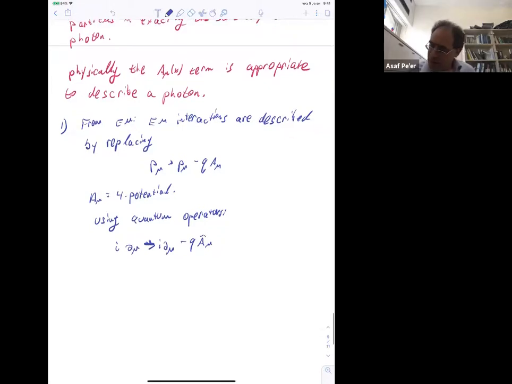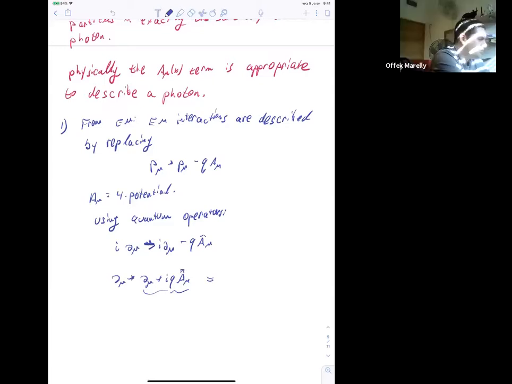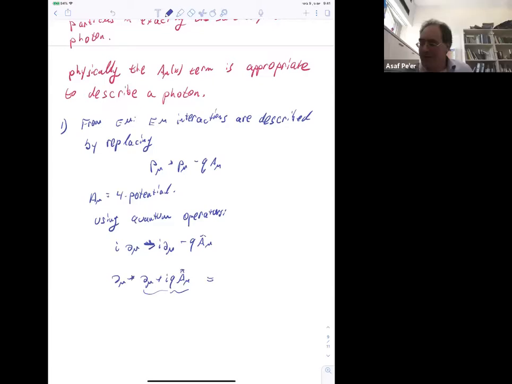I just multiply by minus i, and we get d mu goes to d mu plus i Q A mu. What is that? This is a covariant derivative.